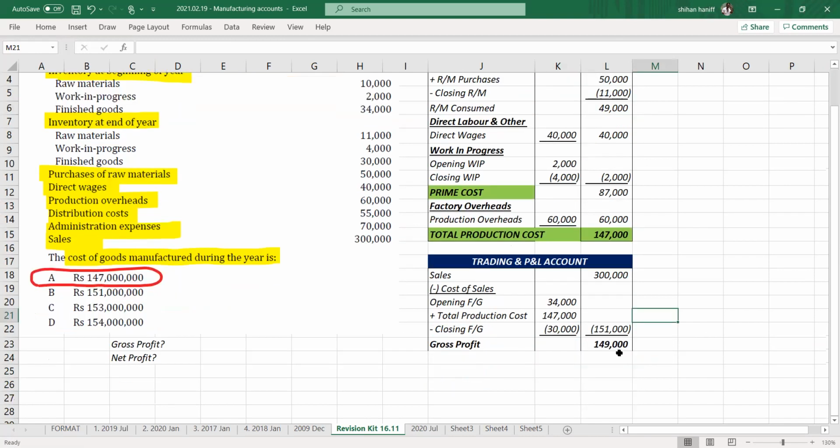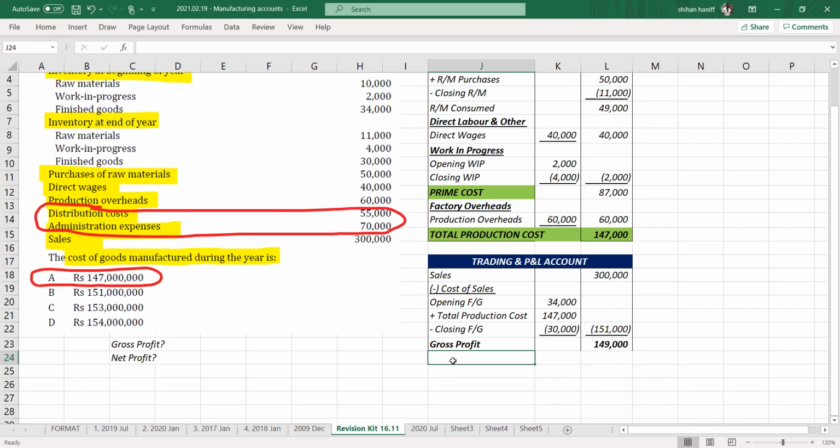Then to calculate the net profit, what we have to do is we have to take distribution cost and administration expenses. 55,000, 70,000. So total is 125,000, then the answer is net profit.